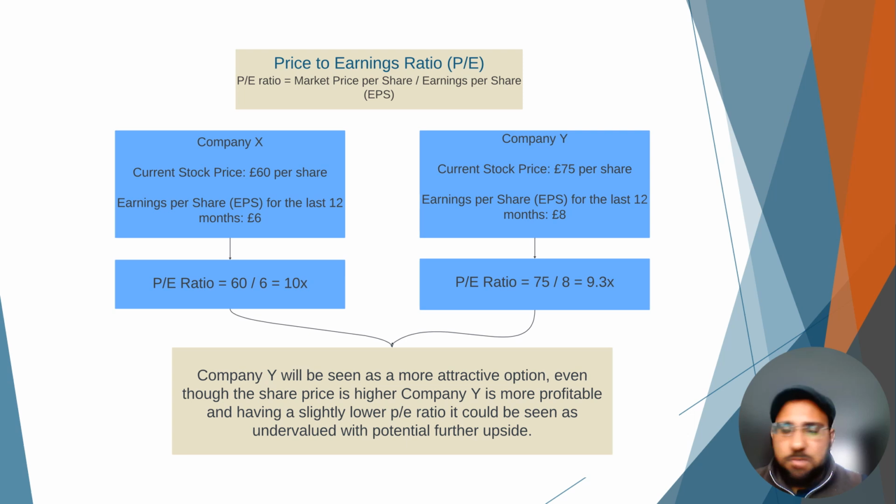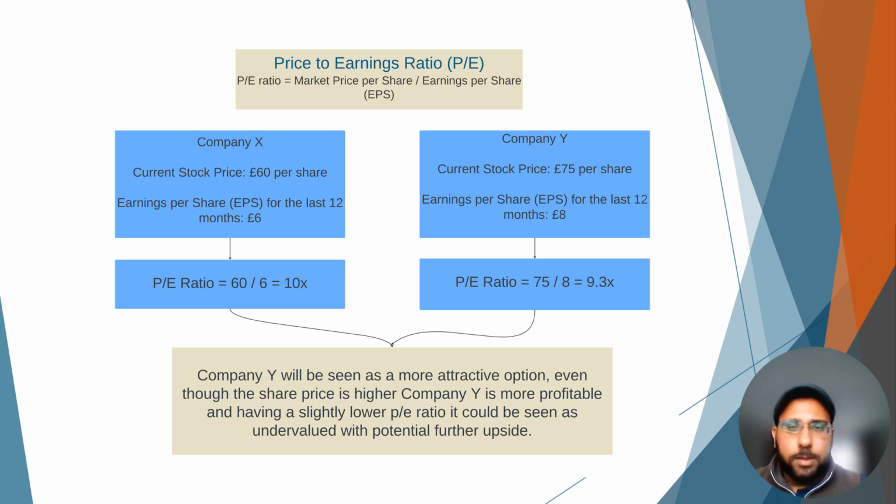So we wouldn't go as far as saying it's undervalued, but we would look at both, and both of them have relatively similar P ratios. So then we would also backtrack and see what their earnings per share is like. And company Y would be that bit more attractive. It is delivering more profit per share it's currently got outstanding. So company Y would be our choice.